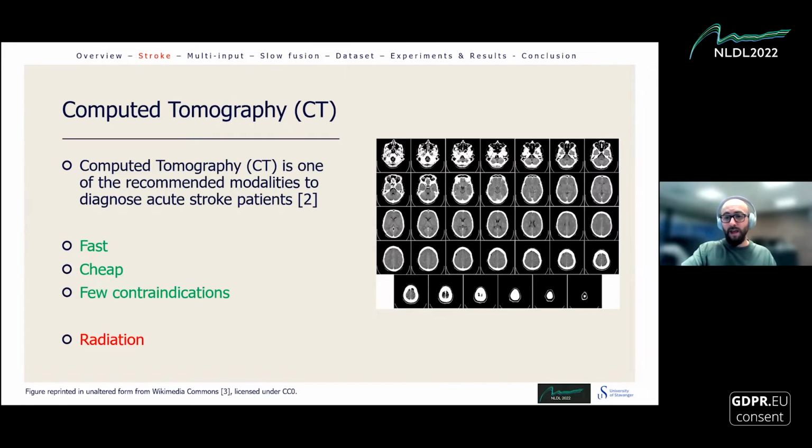In order to assess if a patient might be affected by a stroke, computed tomography is normally one of the recommended modalities because it's cheap, it's fast, and has very few contraindications.